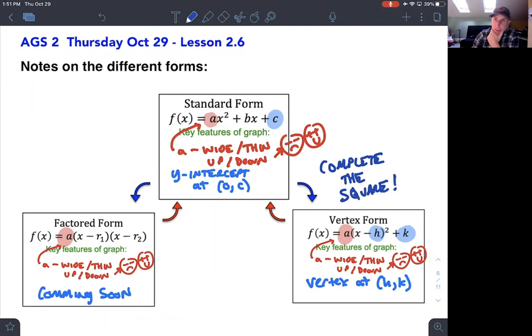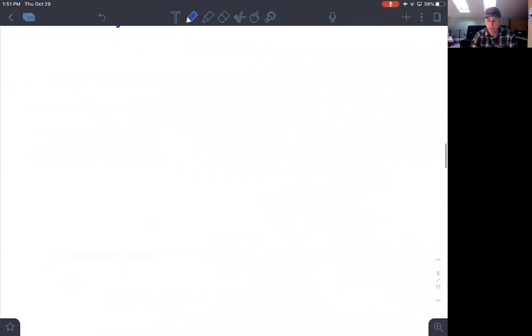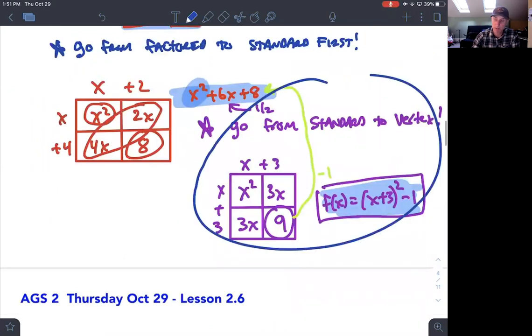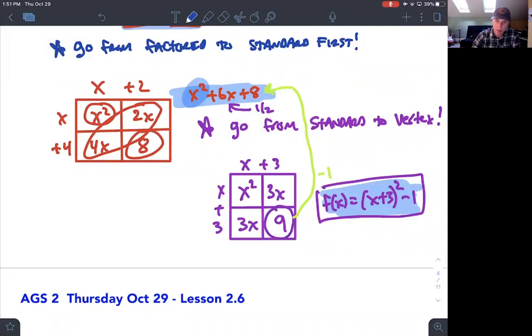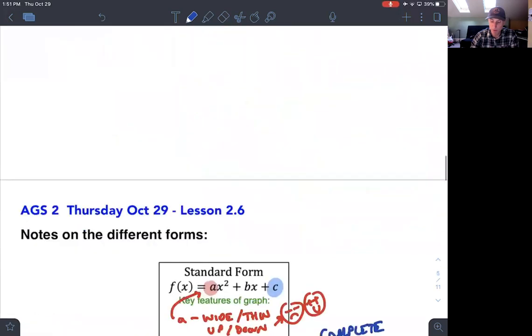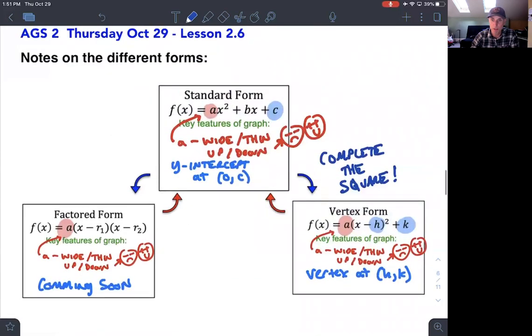Okay, completing the square, I'm going to scroll back up and come right back to this in a second. Completing the square is what we did right here. It's this work of figuring out what number completes the square and then how you adjust it to get that number out there. Okay, so you've done that before. That's how you complete the square to go from standard to vertex form.